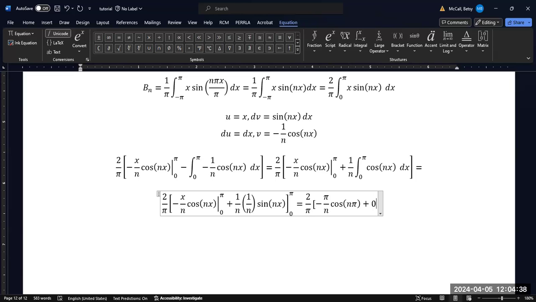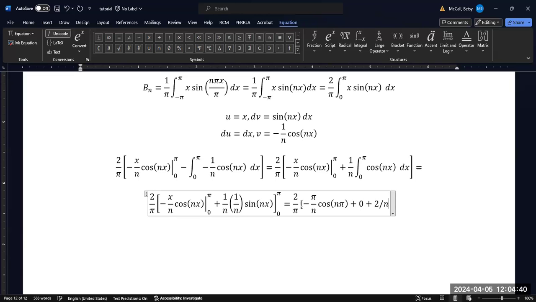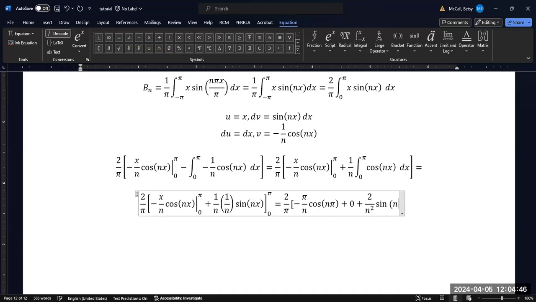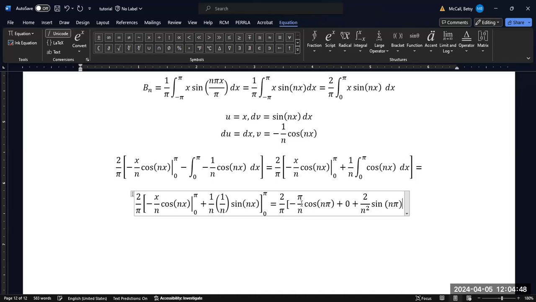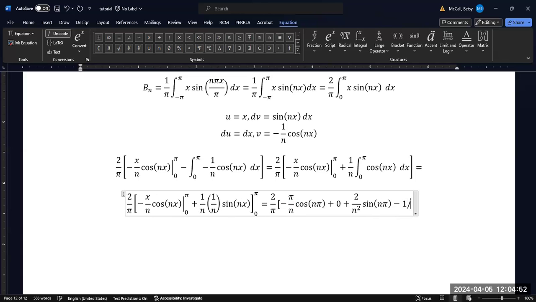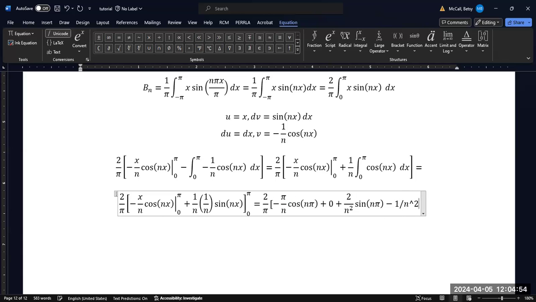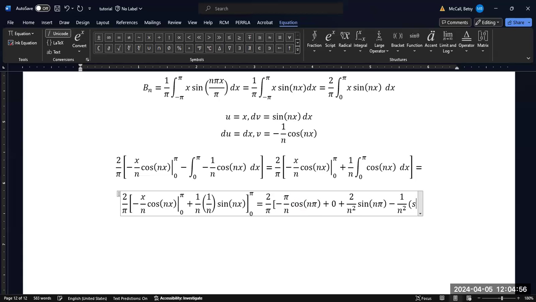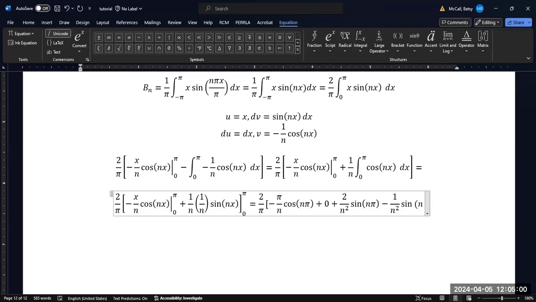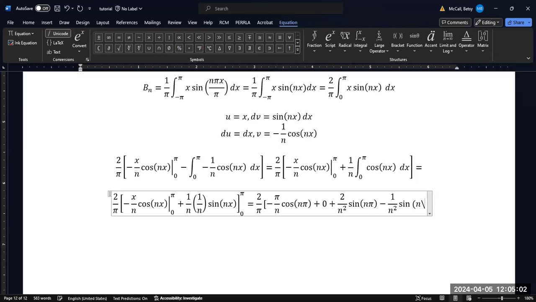And then I have 1 over n squared, but then sine of n pi, and then also minus 1 over n squared sine of n times 0.